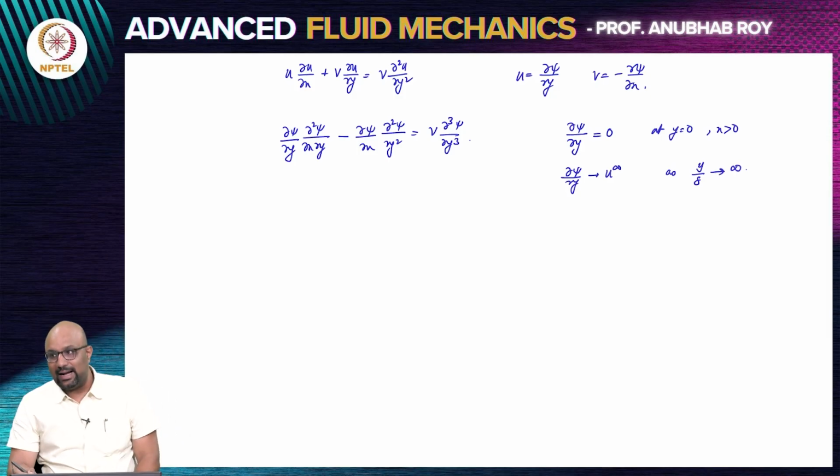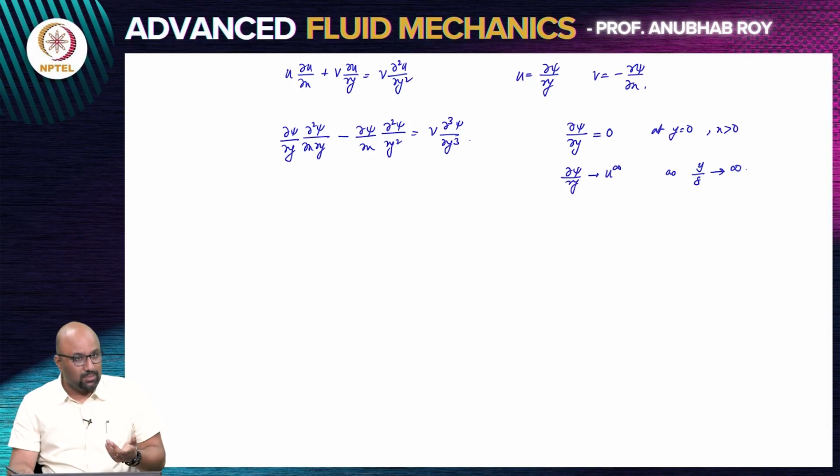So I am looking at the variable y by delta going to infinity, because y equal to infinity actually lies in the free stream, right? Now in this problem, u infinity doesn't change because it's a uniform flow, so it doesn't matter. Y approaching infinity and y by delta approaching infinity will give you the same thing.